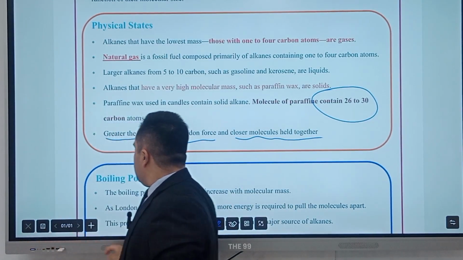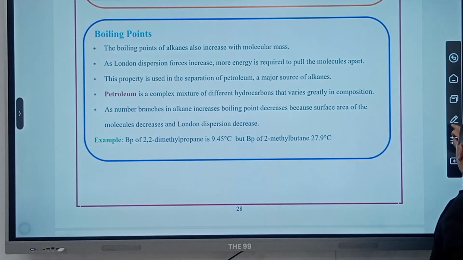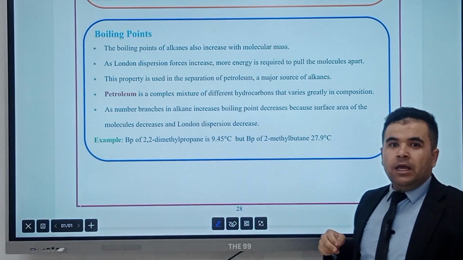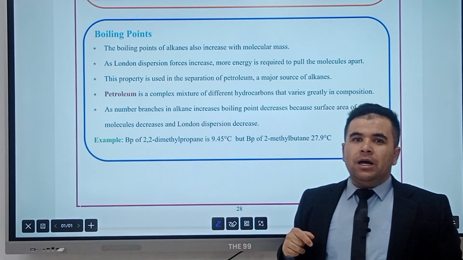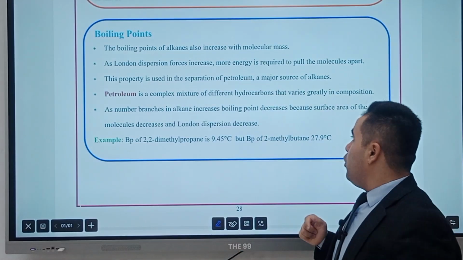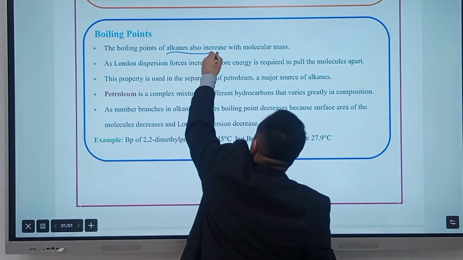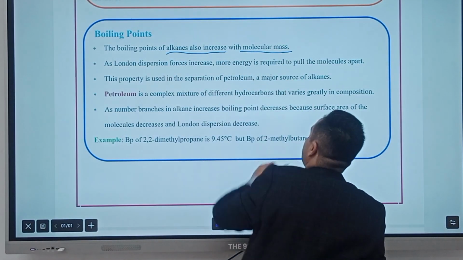Let us talk about the physical property of boiling point. Boiling point, guys, of the hydrocarbons changes with the London dispersion force and with the molecular mass as well. So the boiling point of the alkane increases with molecular mass.